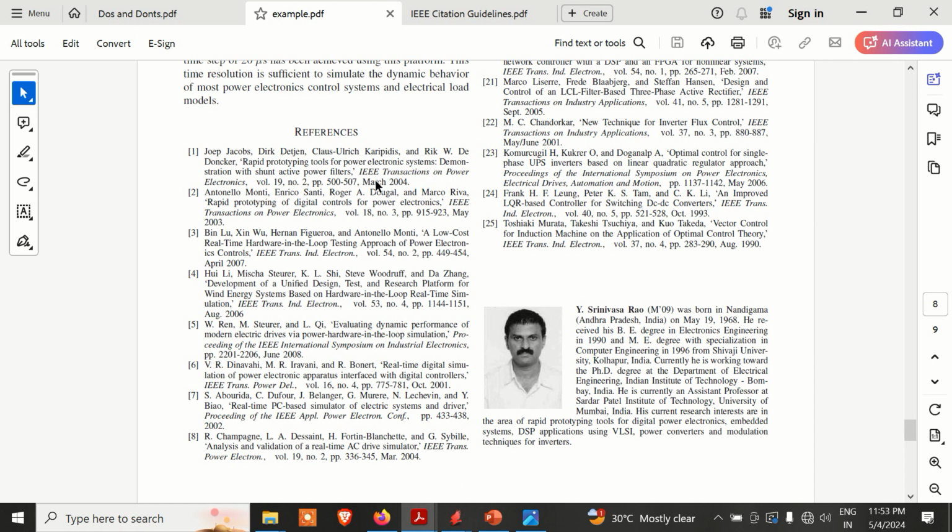If you see, the publisher is in italic form. Then the volume number and subvolumes, page number, month and year of publication. So there is a standard.